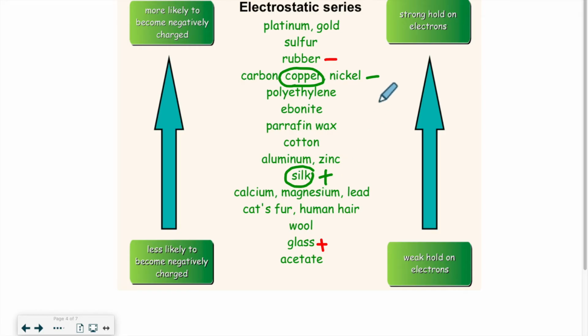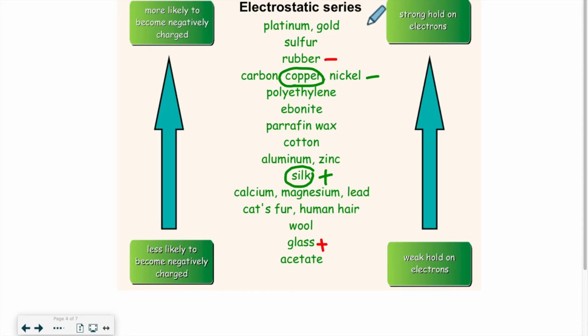Obviously, if you bring them closer, because they are of opposite signs, they would attract. If they touched, then the surplus of electrons would go back to the piece of silk until they're both neutral again. But originally, when you first create friction between the two, this one would become positive, this one would become negative. So that's what the electrostatic series shows you.